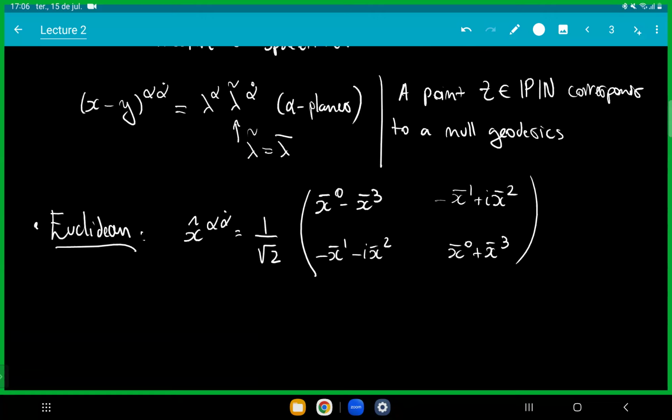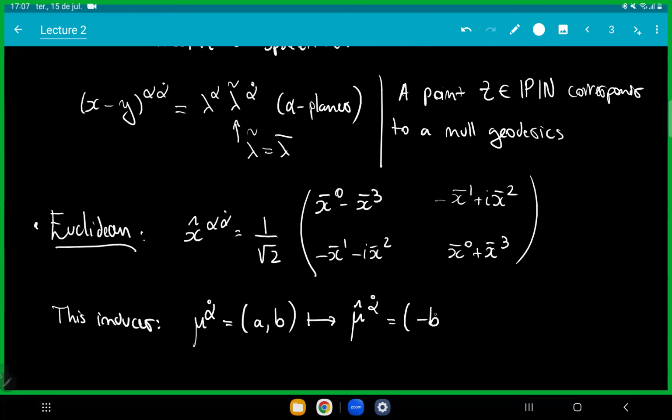So when we do this conjugation on Euclidean, this induces a conjugation of the spinors, which goes something like this. If I write down this alpha dot explicitly as two complex numbers A and B, the complex conjugation will take me to a hat, alpha dot equals minus B bar, A bar. You can work this out yourself, by seeing how this hat conjugation changes the X matrix.